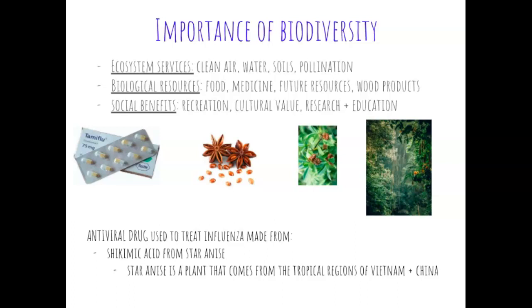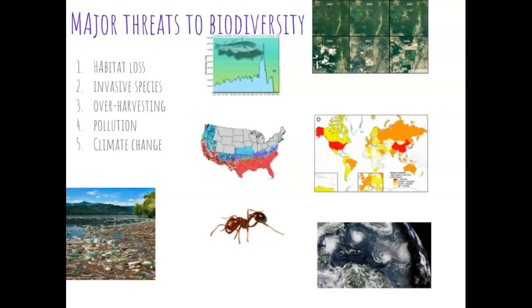So what are the major threats to biodiversity? There's quite a lot of them, but the most important and the one that causes the most biodiversity loss is generally considered habitat loss. If you look in the picture in the upper right-hand corner of your screen, you can see an area that from 2001 to 2016 is gradually becoming less and less of a forest ecosystem and becoming more fragmented and more urbanized.